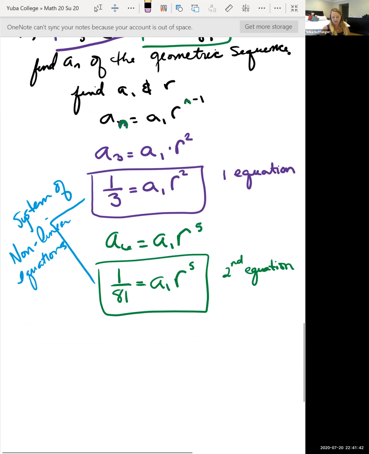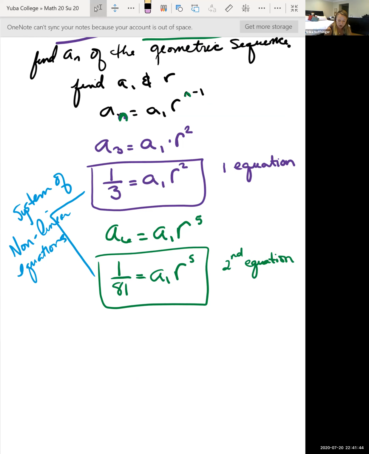So we want to figure out what this is. We have two equations, two unknowns. One thing we can do is look at equation 1 divided by equation 2. Notice if we have equation 1 divided by equation 2, the a sub 1 term would go away. The other thing we could do is solve for a sub 1 or r in terms of one of these equations.